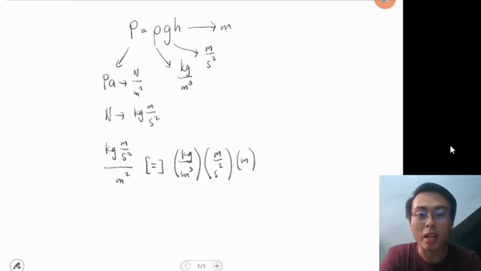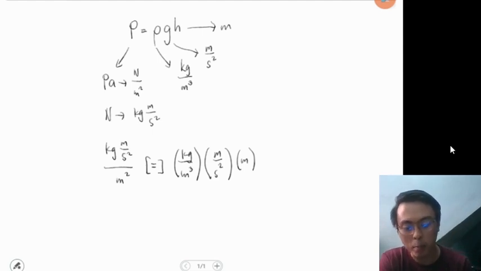We will mathematically manipulate the left-hand side and the right-hand side of the equation to see if they are equal. To simplify the left-hand side, one of the meters would cancel, so we will be left with kilogram per meter per second squared.